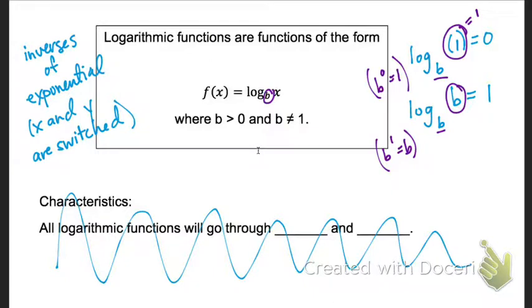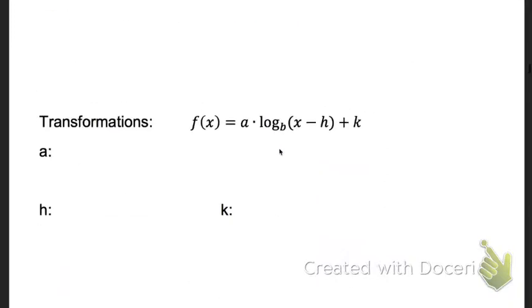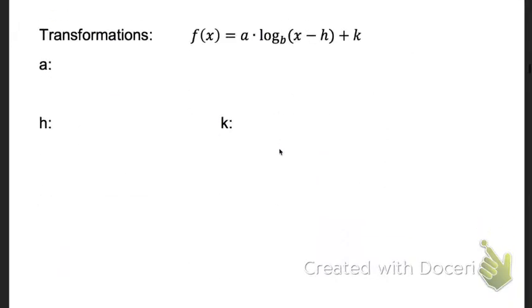Write this down so that you have it, but it really will not make as much sense until we do an example. Does everyone have this written down? Good. Okay, transformations are exactly the same. A is your vertical stretch or compression.